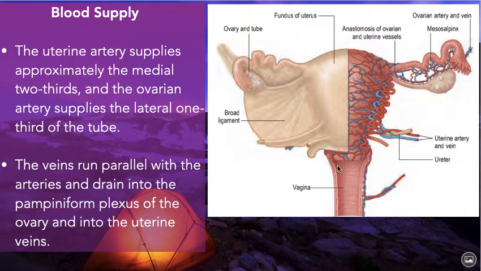Blood supply. The uterine artery supplies approximately the medial two-thirds and the ovarian artery supplies the lateral one-third of the tube. The veins run parallel with the arteries and drain into the pampiniform plexus of the ovary and into the uterine veins.